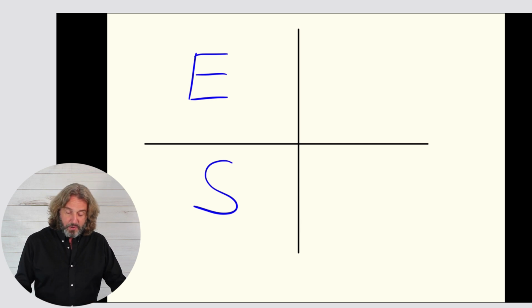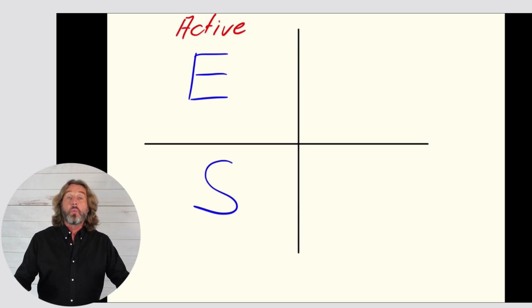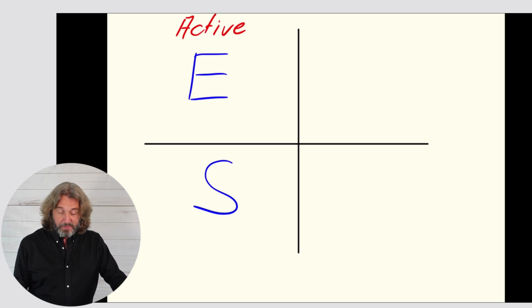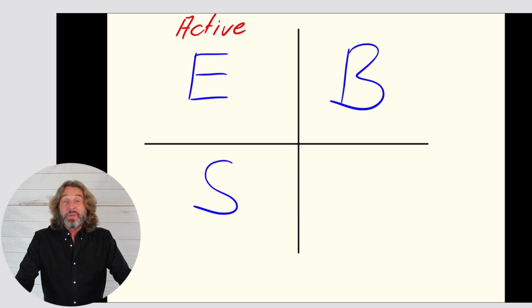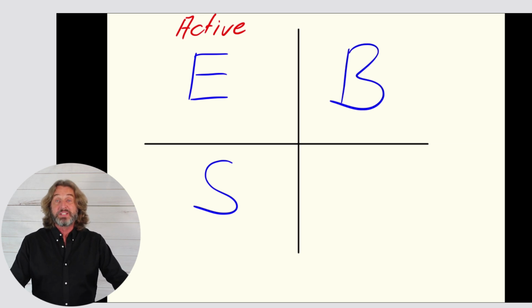This is where Robert Kiyosaki says, on this side, it is all about active income. You don't work, you don't make any money. The idea here is to move to the other side of the quadrant. This is B, which means that you're owning a big business, that you have employees, that you have a team, that you have systems that are working hard for you.